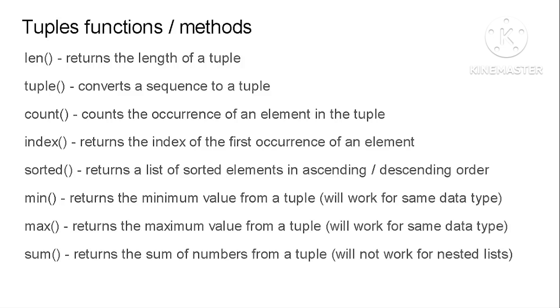Then the min and max functions will find the minimum and maximum value in a tuple, and they will work only for the same data type, which means all the values should be either numbers or strings. You cannot have a mix of them. In the same way, sum will find the sum of all the numbers in the tuple. It will not work for strings and nested lists.